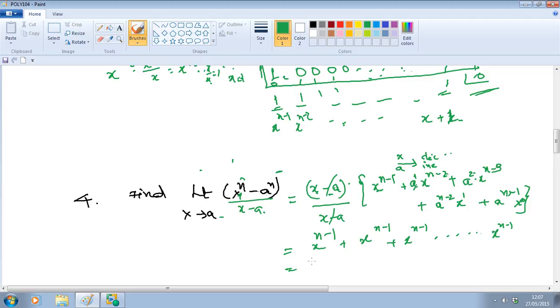How many times are you having this, n minus 1 times, or n times? You are starting with x to the power n minus 1.